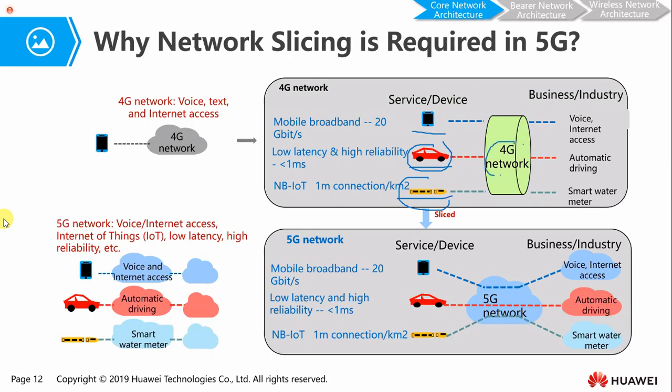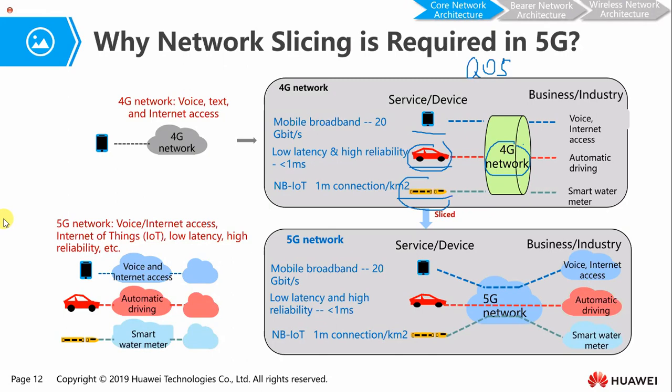Our 4G network depends on QoS. Sometimes if the traffic is very heavy, the service can't be guaranteed the rate, the peak rate, or the latency. This is the shortcoming of the 4G network.